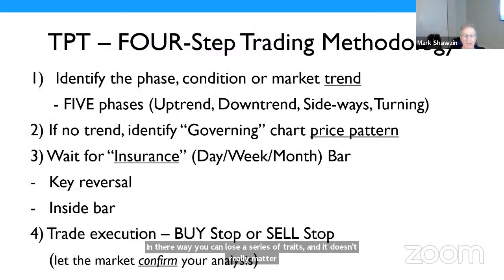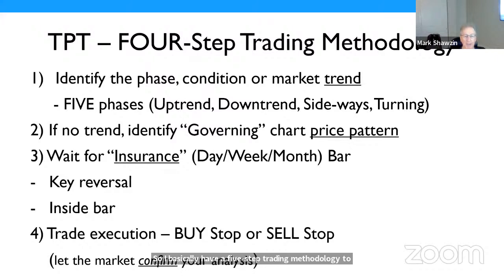So I basically have a 5-step trading methodology to identify whether the market's in an uptrend, a downtrend, or just going sideways. And then there are 2 other very important market movements, which are markets that turn from down to up or up to down. And that's usually where I make a lot of my money.